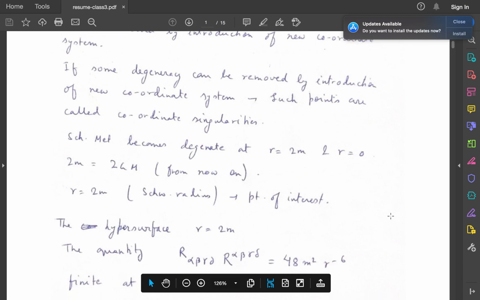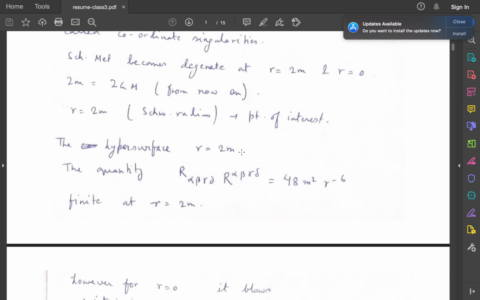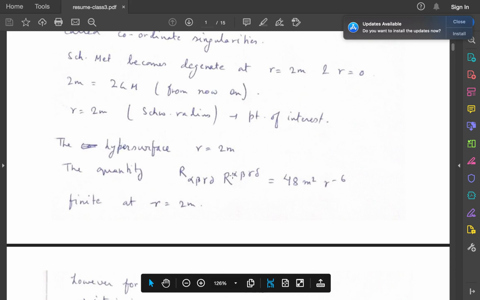So r equal to 2m is a hypersurface, which is the surface of some two-sphere. Okay, and if I calculate this quantity, a compressed form of the curvature, we see that this is 48 m squared r to the minus 6. This quantity usually tells us whether it is a coordinate singularity or not.